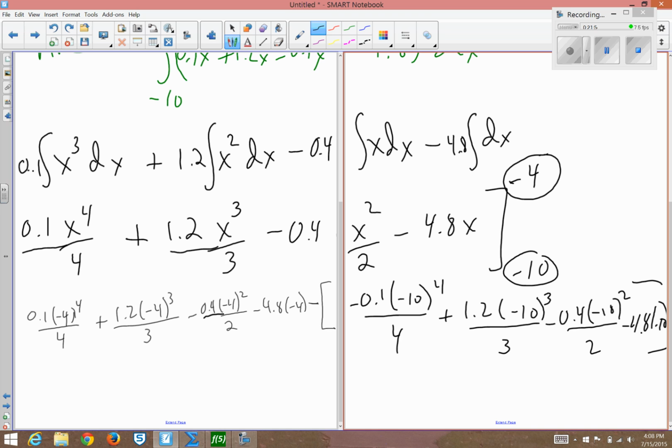So I'll summarize. Here is the antiderivative up here with this number in place of x. That's what this is. Minus, and then this is the same antiderivative over here, but with this number in place of x. So now you do lots of arithmetic with your calculator, and I'll just take a second to do that and tell you what you should get.